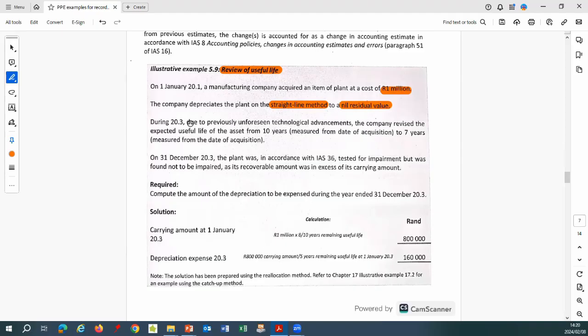Due to previously unforeseen technology advancements, the company revised the expected useful life from 10 years to 7 years. So that's our total useful life. How would we then change how we are recognizing our depreciation?